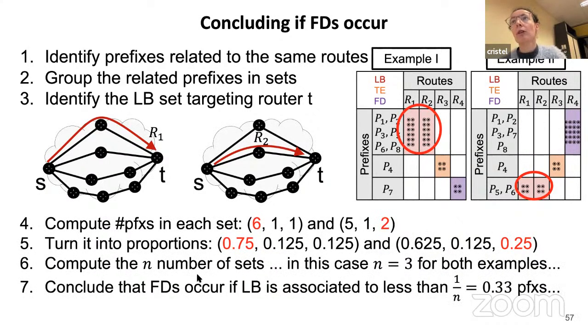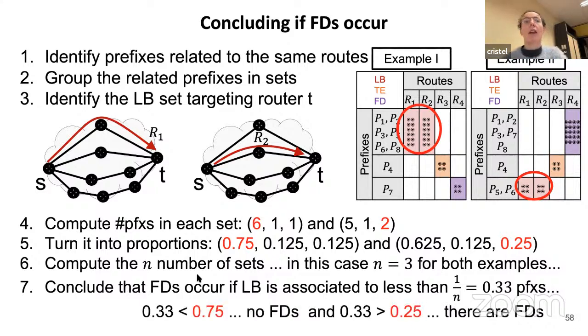So for example, here we'll conclude that we have forwarding detours in example 2, but in example 1, we have some doubts because we also have the traffic engineering prefix, and we cannot distinguish traffic engineering, which is like a small event, from a forwarding detour, if it's also a small detour impacting a small number of prefixes. So here we will only detect example 2.